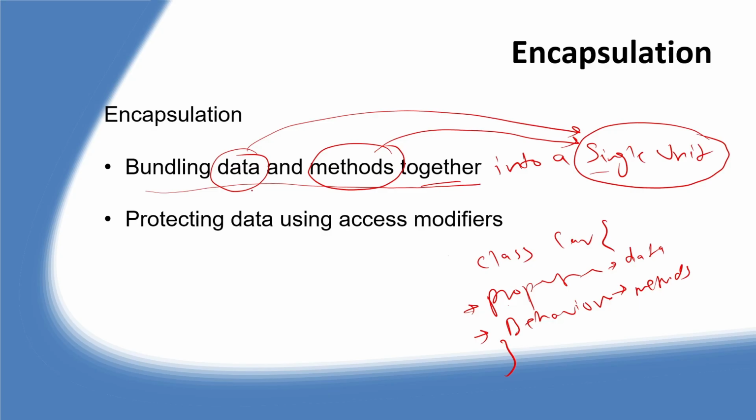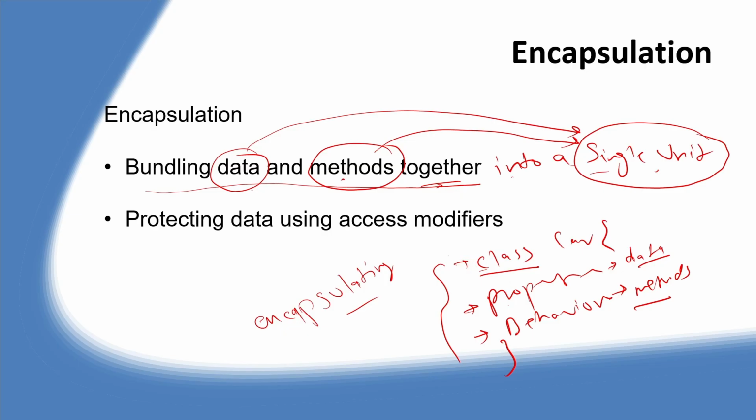And what we have written here is data and methods together into a single unit. So data and methods are in a single unit, which is class. This is the concept we call encapsulation. We are encapsulating two things into one entity: the two things are data and methods, and the one entity is class.